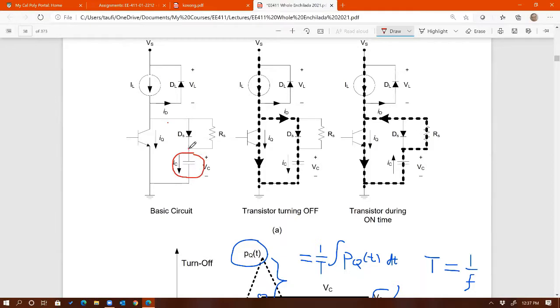Otherwise, this voltage right here keeps increasing. If you keep charging this cap, this voltage across this cap will keep increasing until one of these blows first. Either the diode blows up first or the switch blows up first. So that's why it's very important for us to be able to discharge this capacitor when the switch is turning on, just like this picture shows you.